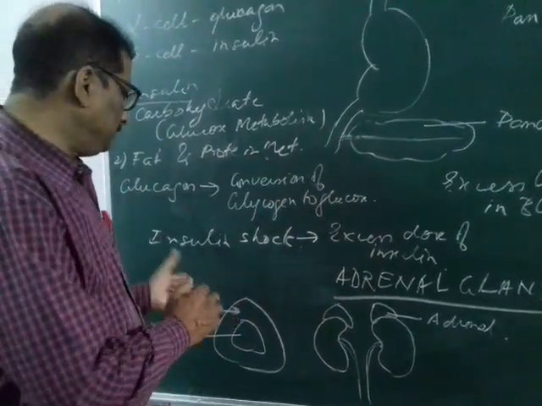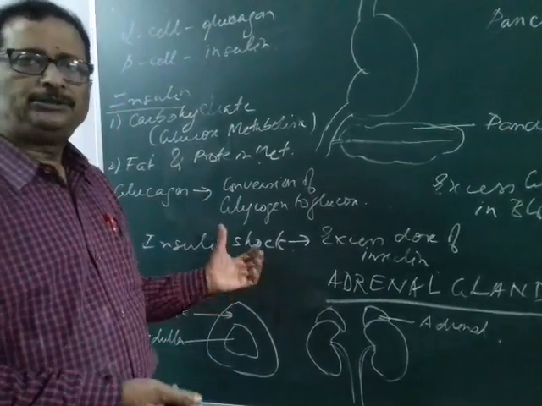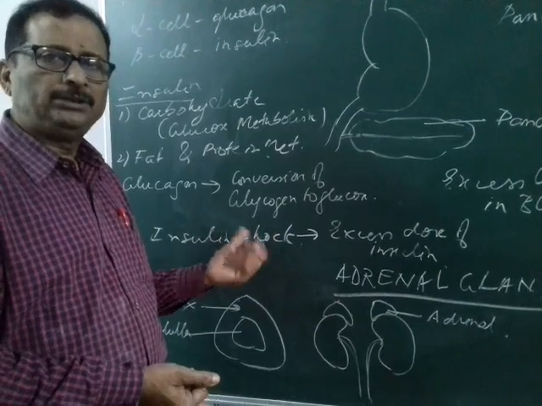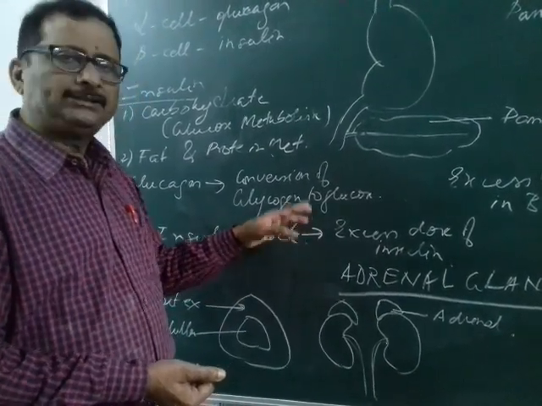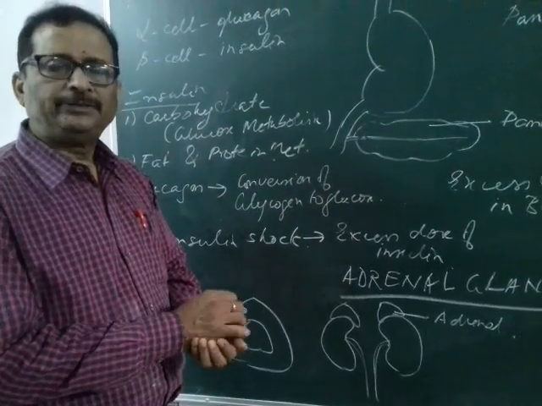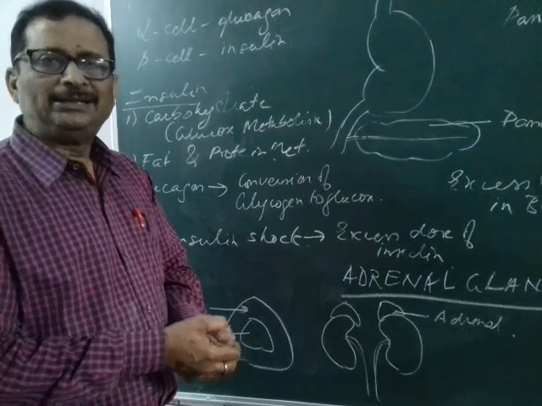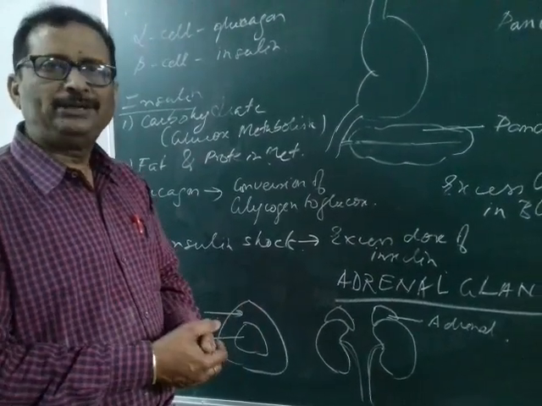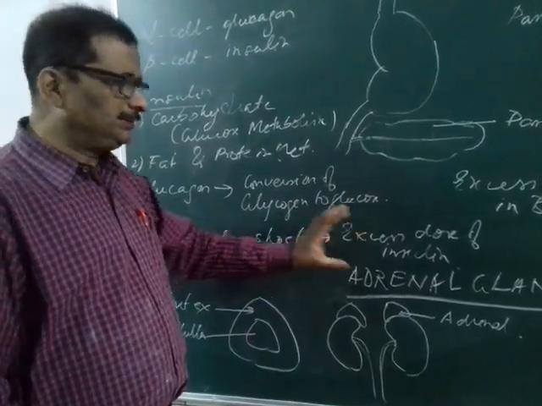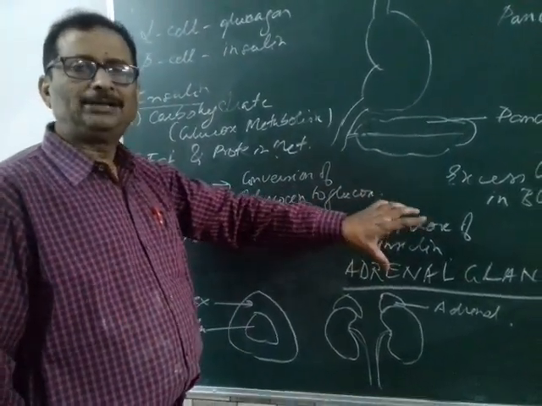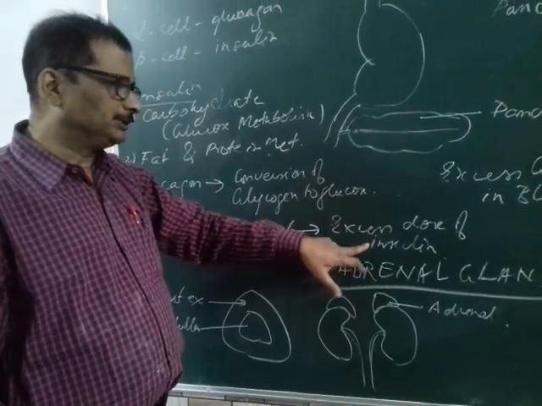Now, insulin shock. There is a term which you have come across. What is insulin shock? Those who have no insulin in their body, or a total lack of insulin, have to be supplemented with artificial insulin obtained from porcine insulin or bovine insulin earlier. Nowadays they are given human insulin, which is produced by recombinant DNA technology. Now the insulin dose has to be controlled in a person suffering from insulin dependent diabetes mellitus.